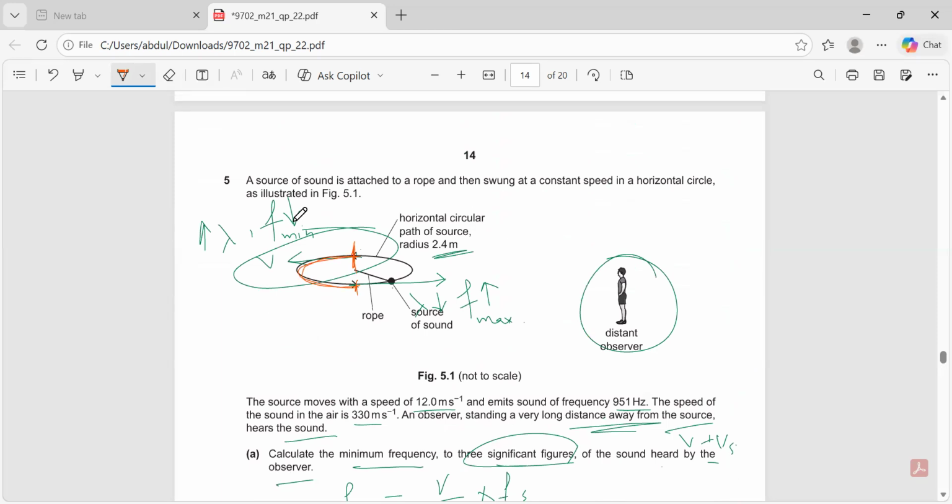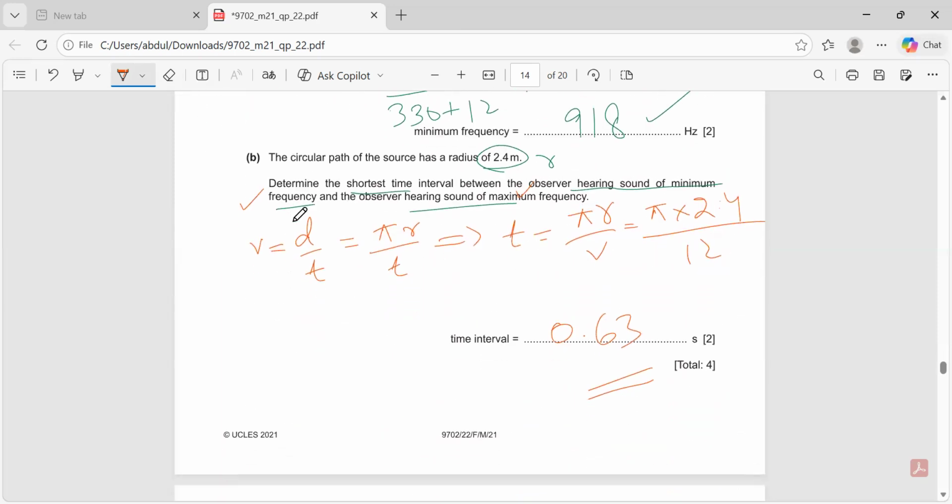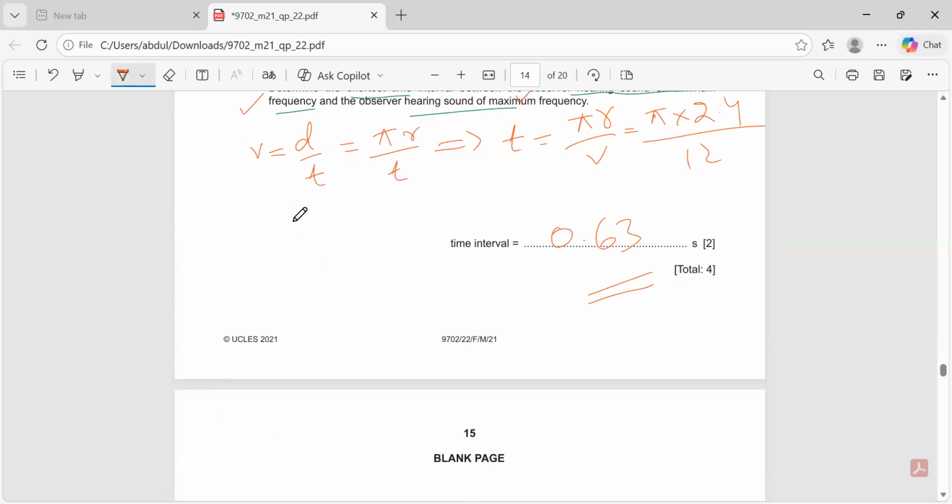The formula of speed is distance over time. As it is a semicircle, distance will not be 2 pi r, it will be 2 pi r over 2, basically pi r. So I wrote directly pi r over t, then made t the subject of the equation, placed the values, and got the answer, my dear friends.